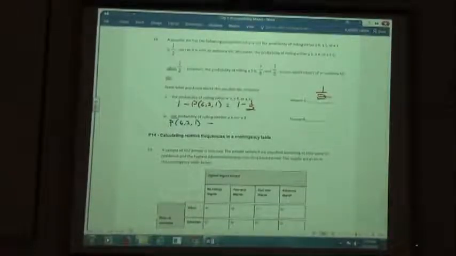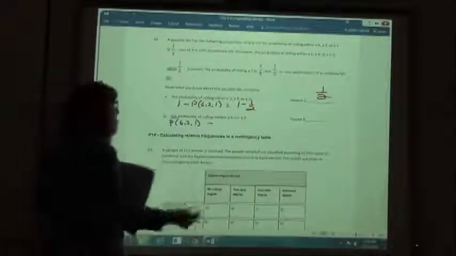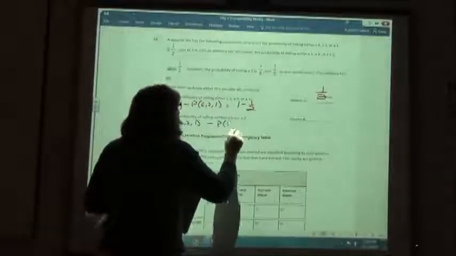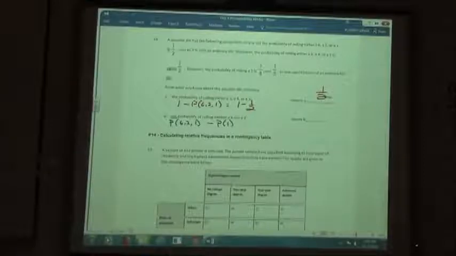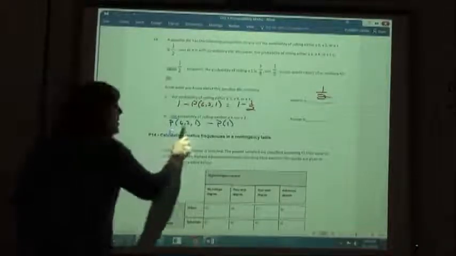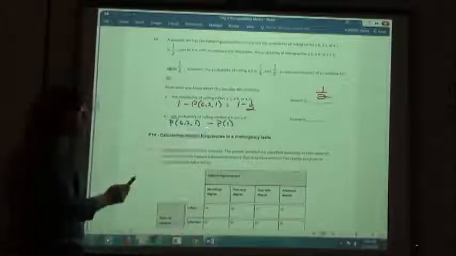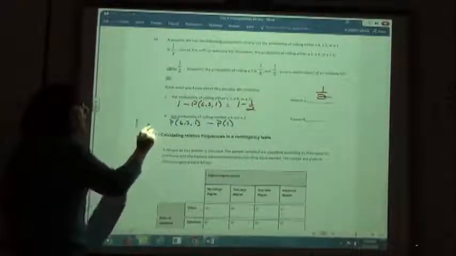Because I don't want the 1 there. I want just the 6 or the 2. So probability of getting the 1. Now again, this says neither the 6 nor the 2. This is going to give me the probability of getting a 6 or a 2. So I'm going to take 1 minus that answer when I'm done.